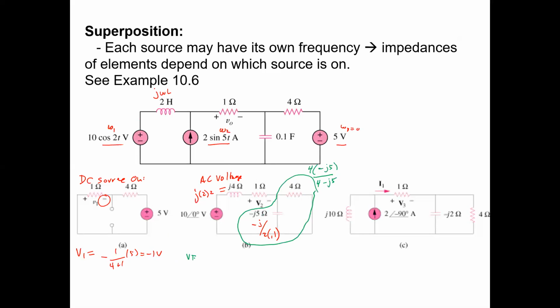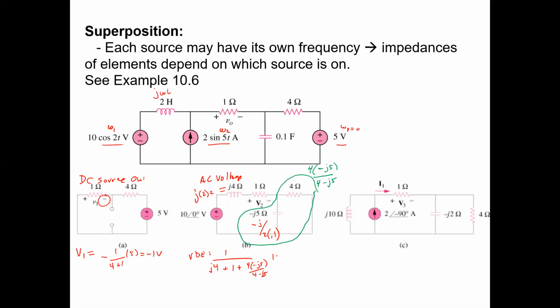So the voltage divider equation is going to be, well, it's 1 ohm, so it's going to be 1 over J4 plus 1 plus this parallel combination, 4 times minus J5 over 4 minus J5.